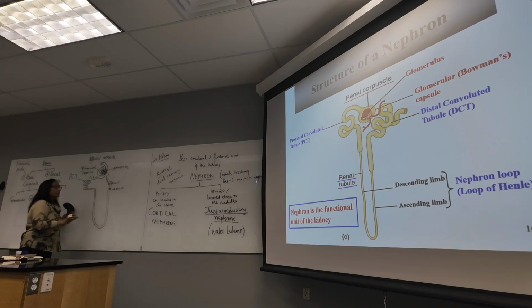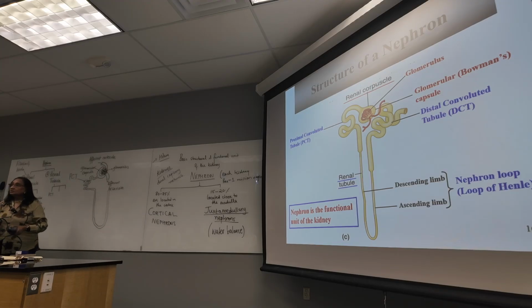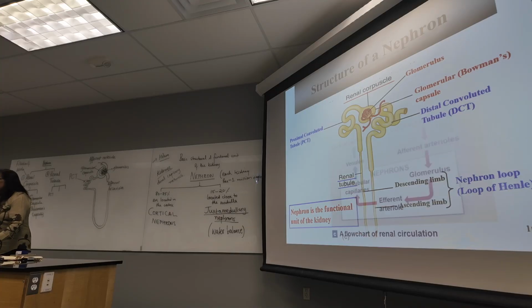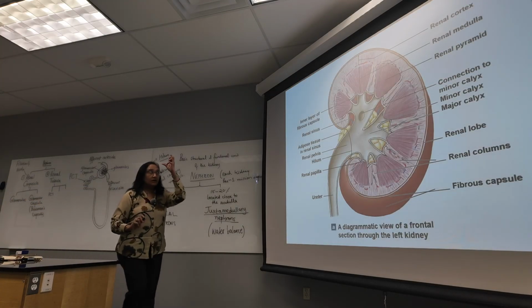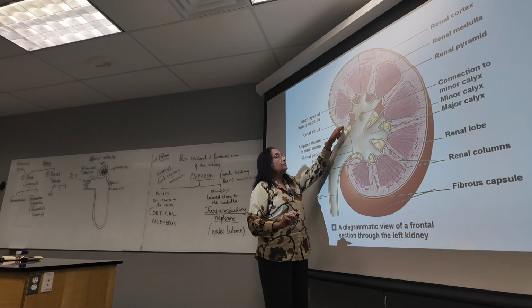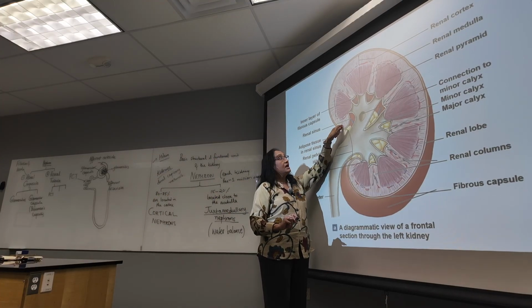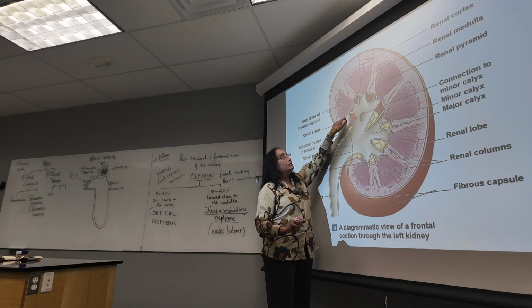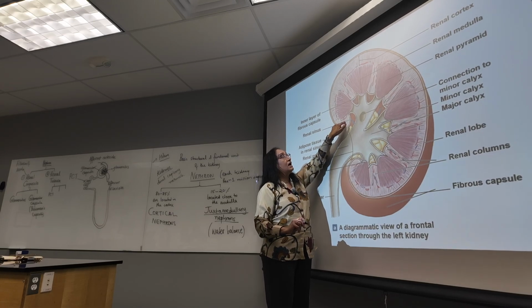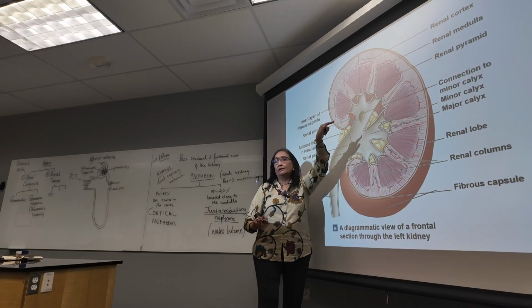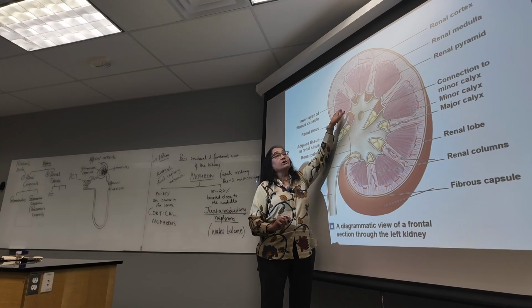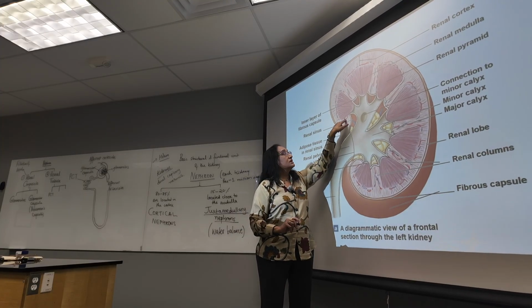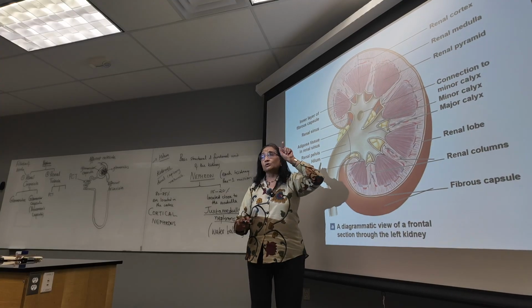Okay? So look at this structure. The starting point of the nephron will be somewhere in the cortex, and then the tube will go down like that and come back up again. Okay? It will go all the way down to the border of the cortex and the medulla, or sometimes even enter the medulla and then come out.